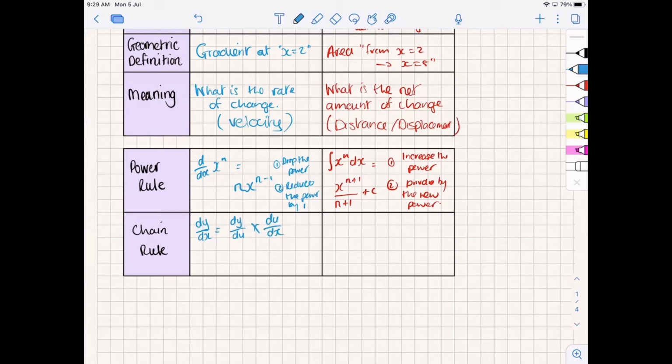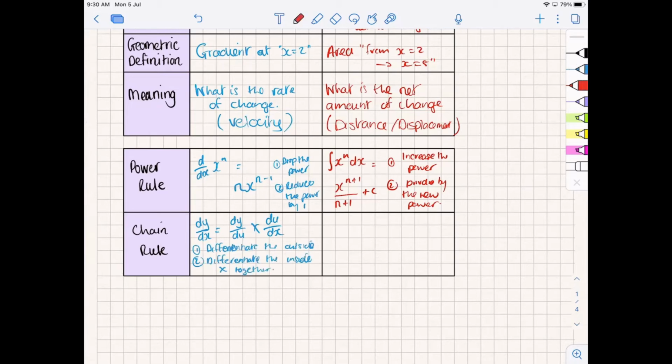The process we followed was: we differentiate the outside, then we differentiate the inside, and then we multiply together. That was the chain rule.